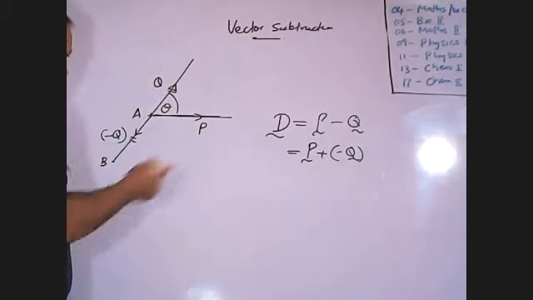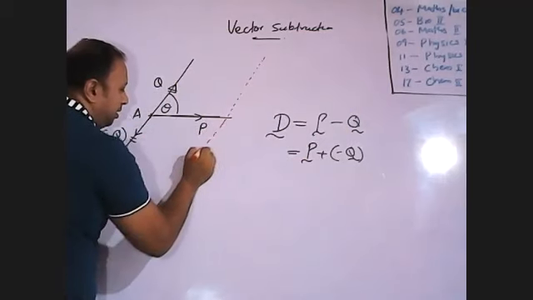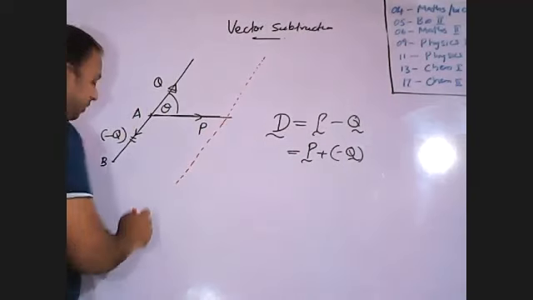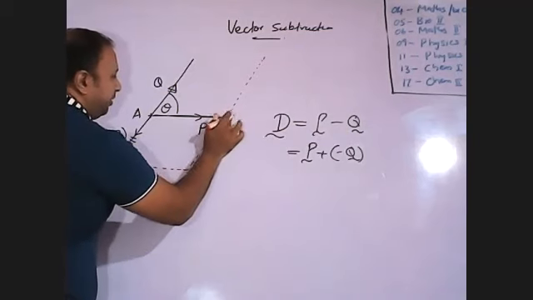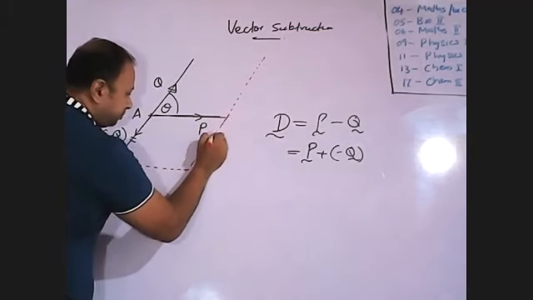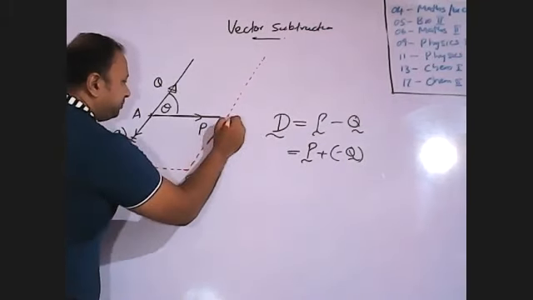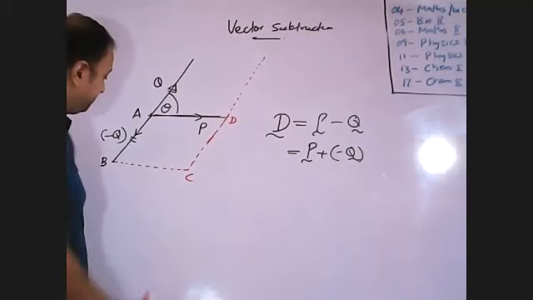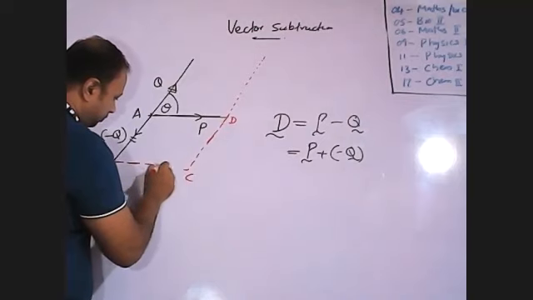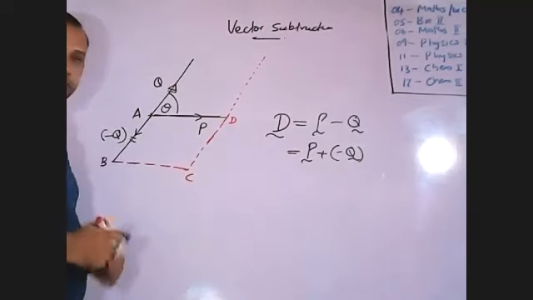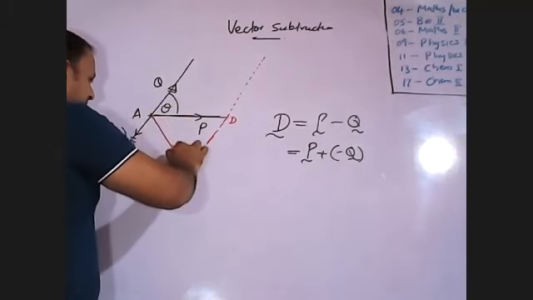Okay. Then if I complete the vector parallelogram, I will have this kind of parallelogram ABCD.